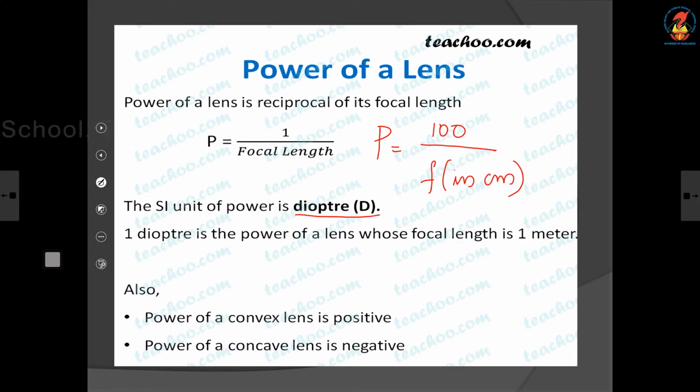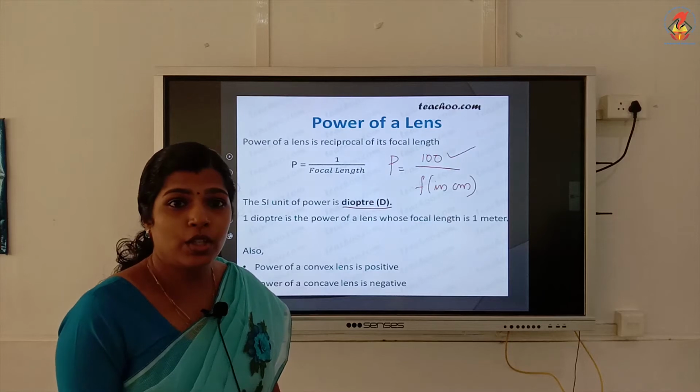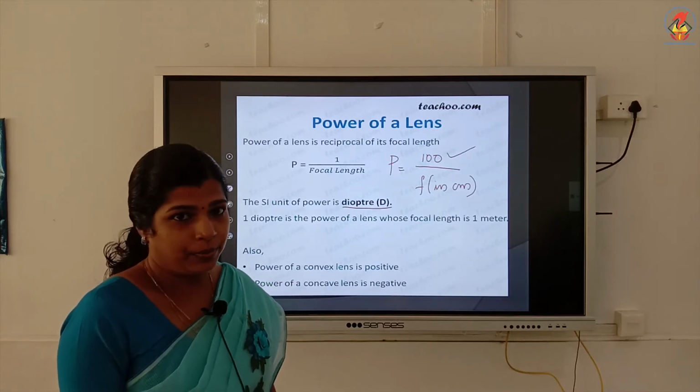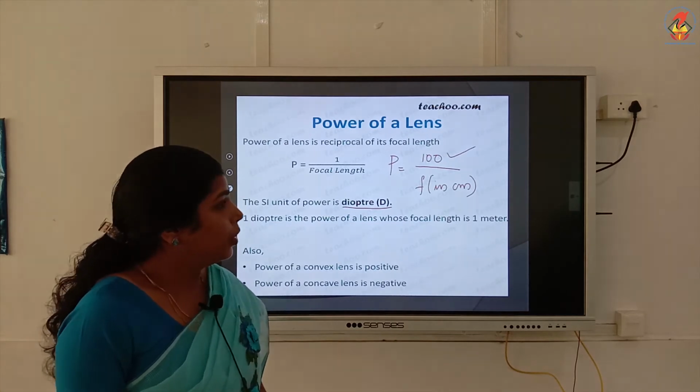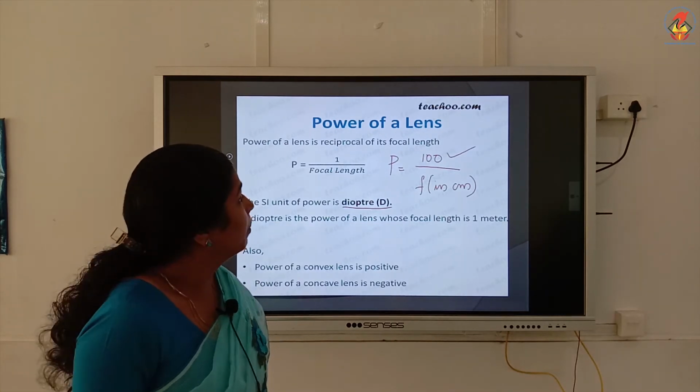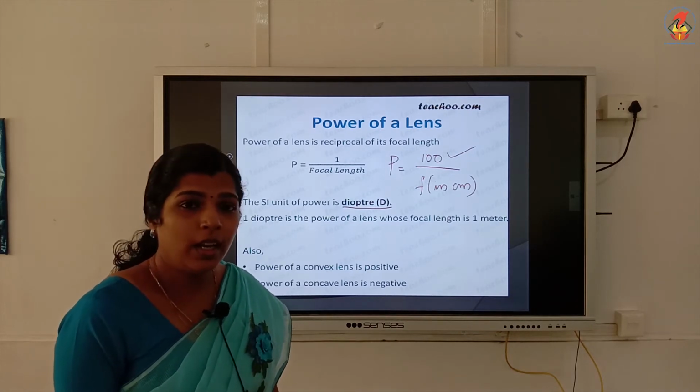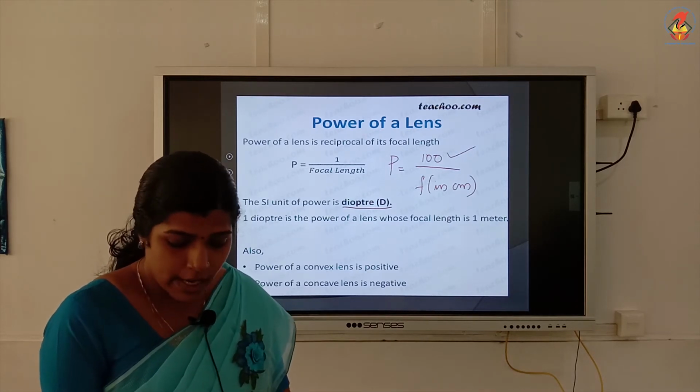If the focal length is given in centimeters, then we can use this equation. This one will be easy for you to calculate. Otherwise, you will forget to convert it into meters. So one more equation we can write, power equal to 100 by f in centimeter. That equation you just write in that page.